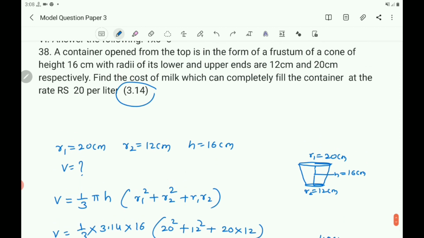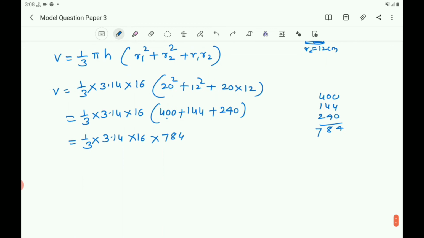But here what you have to find out, the rate of the milk is given, rupees 20.